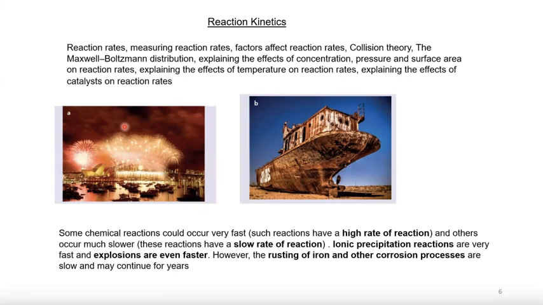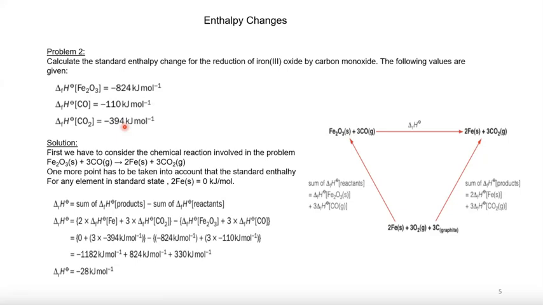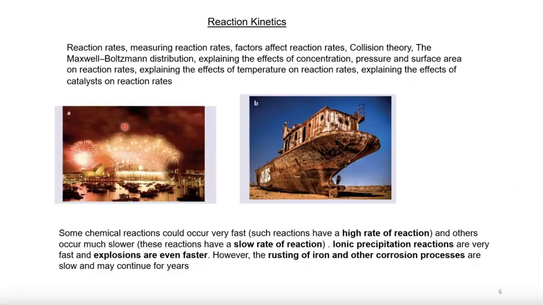Up to this, we were talking about enthalpy change. The next chapter of the syllabus is reaction kinetics. So we start the new chapter in the AS syllabus, reaction kinetics.